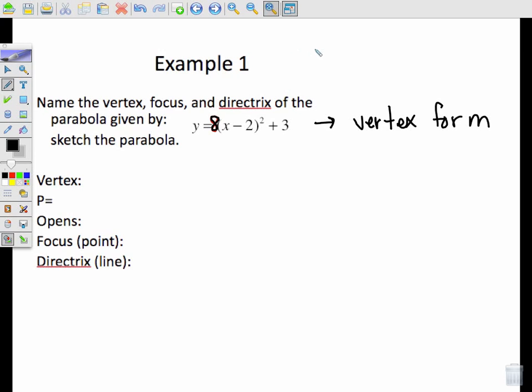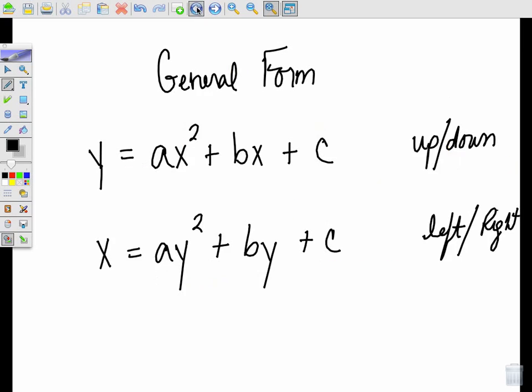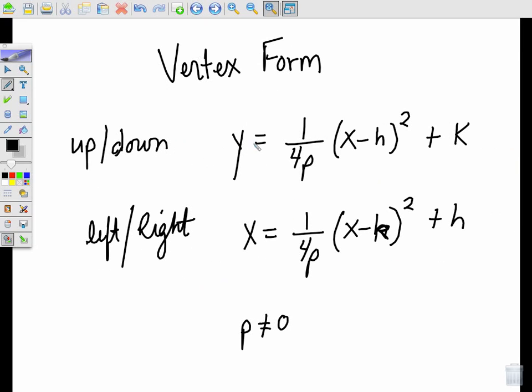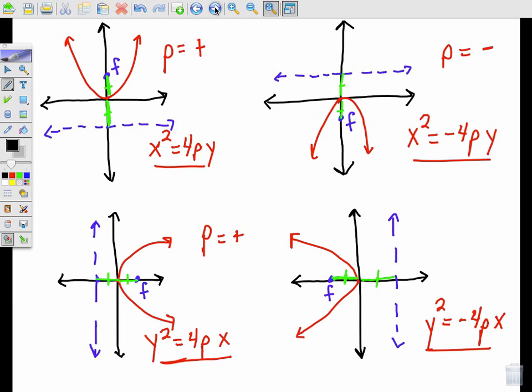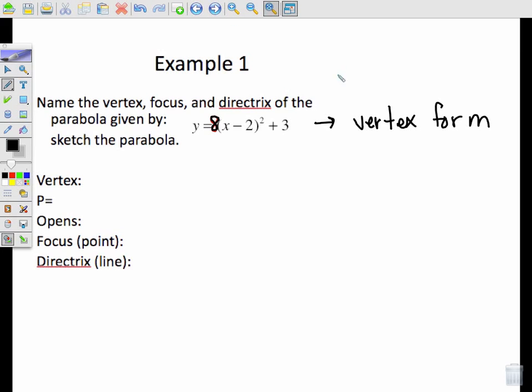I'm going to remind you what vertex form looks like. Let's go back. Here's our vertex form: y equals 1 over 4p times x minus h squared plus k. So I'm going to write that down.